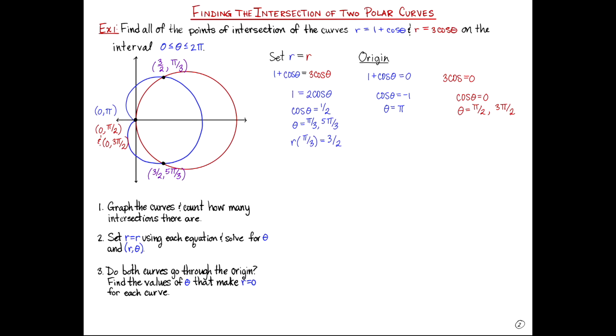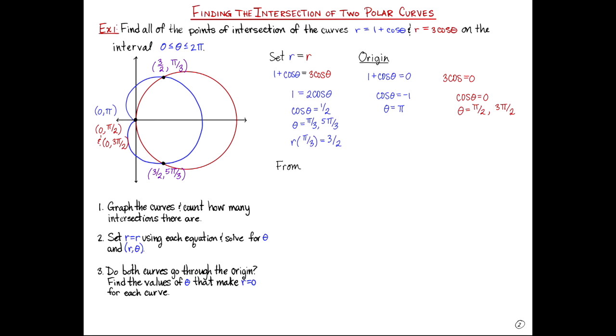That means that for the circle r equal to 3 cosine theta, we should go through each point of intersection once when theta is between 0 and pi, and then a second time when theta is between pi and 2 pi.